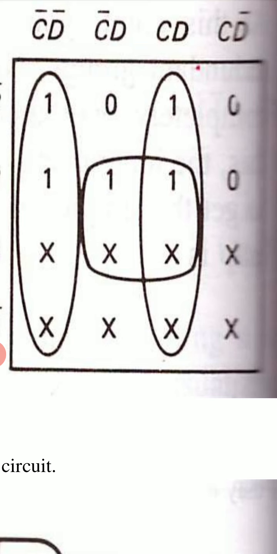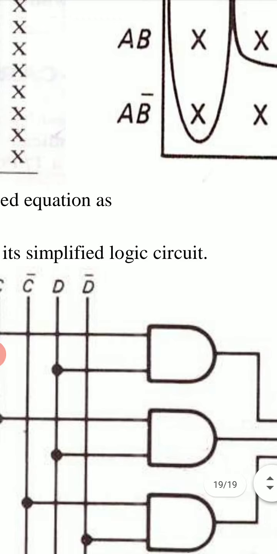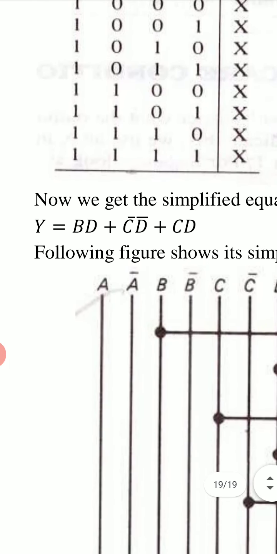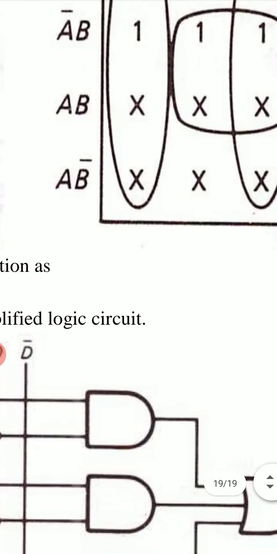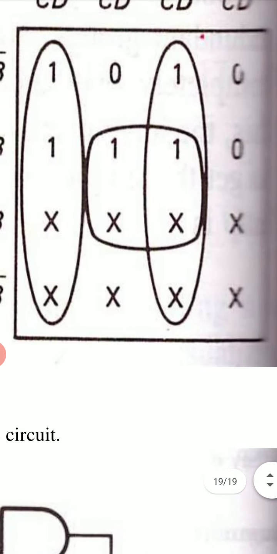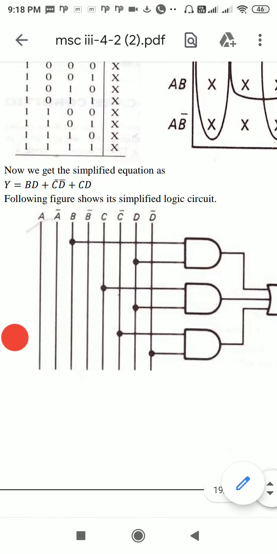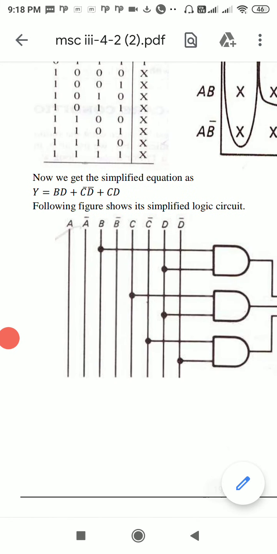So in the formation of quad, if we use these X as 1s, we can form these 3 quads and a simplified logical expression can be obtained, which is y equal to bd plus c bar d plus cd for these 3 quads. And this is the logic circuit to obtain this output.